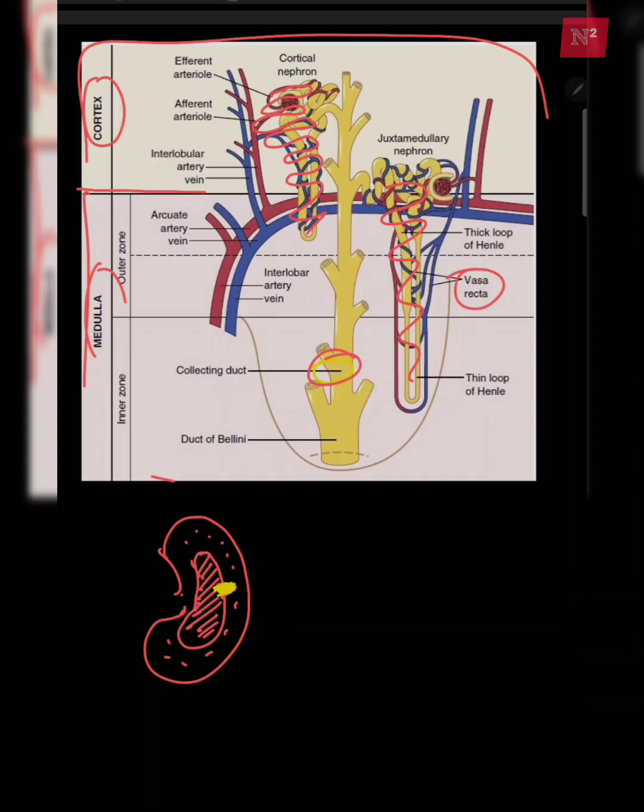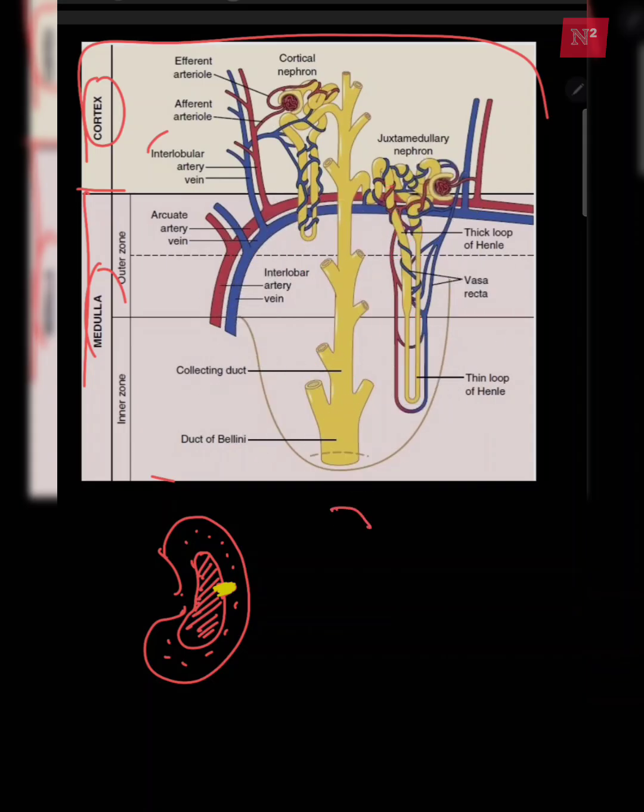Vasa recta consists of the vessels coming from the arcuate artery and vein, which in fact come from the interlobular artery and vein. Then, we know the nephron is divided into some parts.